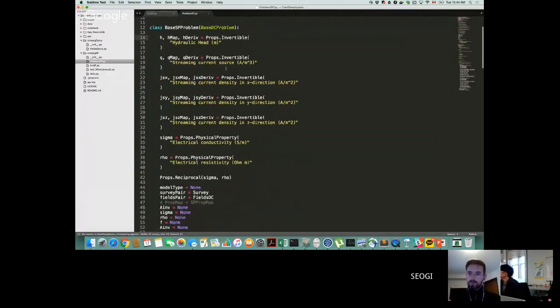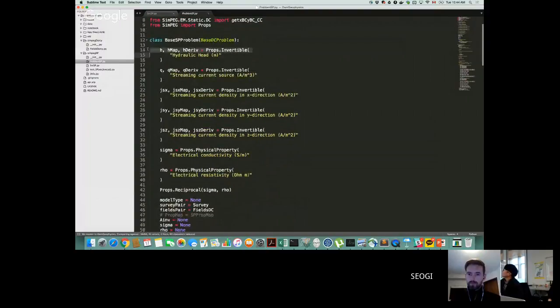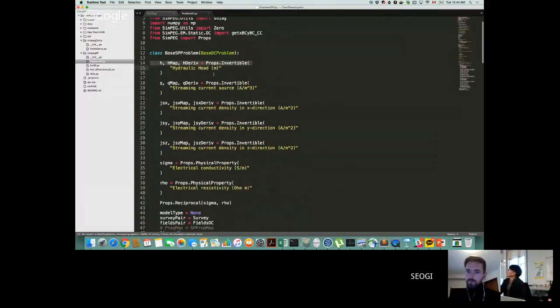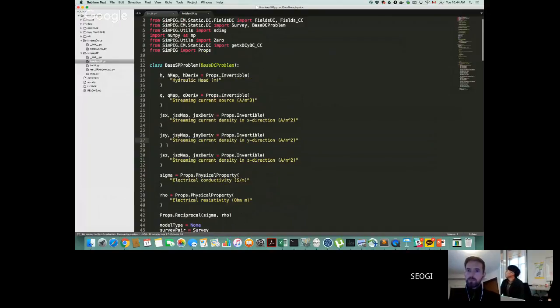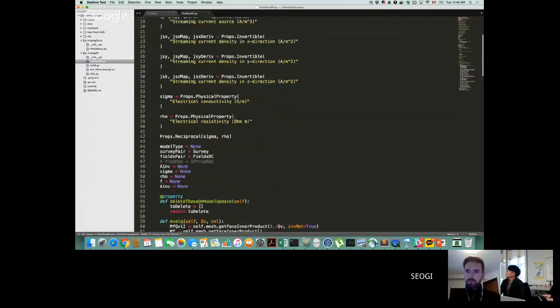Here, because I have a whole bunch of properties, for instance, when I'm inverting for the vectors, I separate the x, y, and z directions, and either q or h.